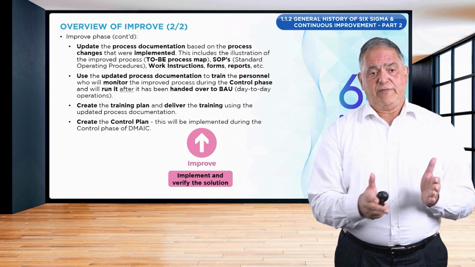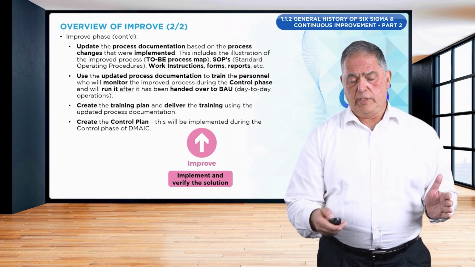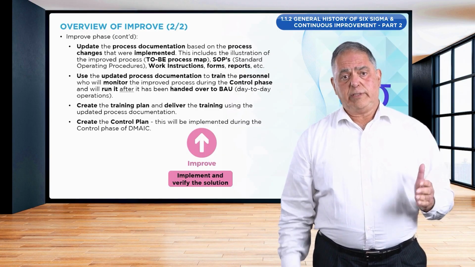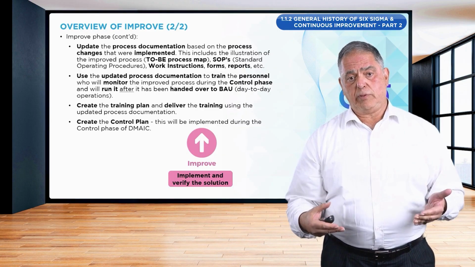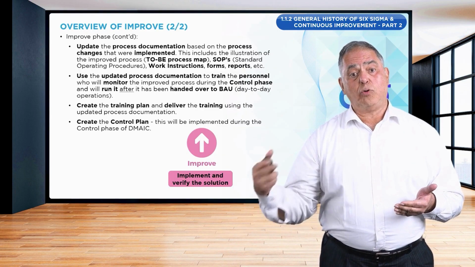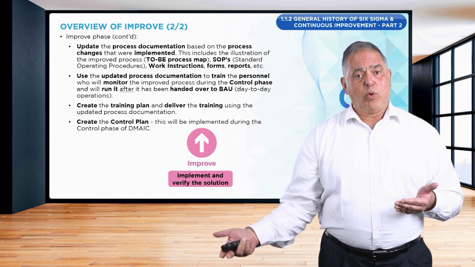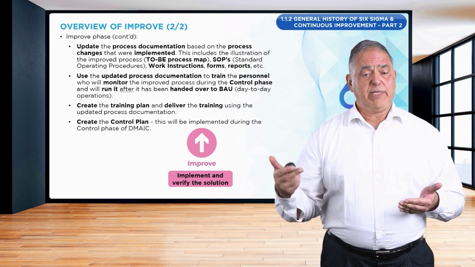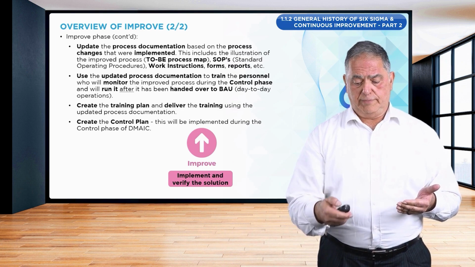Now, once we have updated the process documentation, we can use it in order to train the people that will actually operate the process once it becomes part of the day-to-day operations.